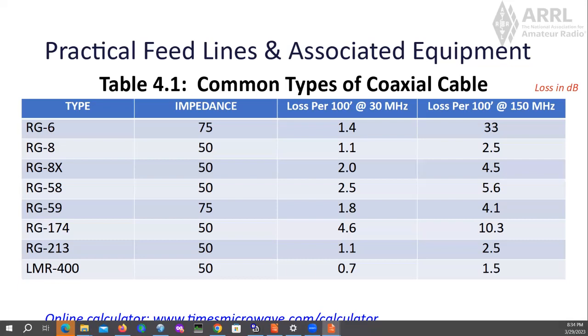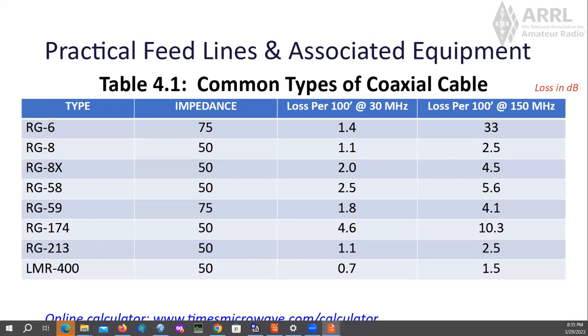And you can see they talk about how much loss is in that: 1.4 dB per 100 foot at 30 megahertz. And at 150 megahertz, it's 33 dB. So 33 dB is an awful lot of loss. What would that be, 1/300th or a little less? But at any rate, it's just a really good dummy load for 2 meters.